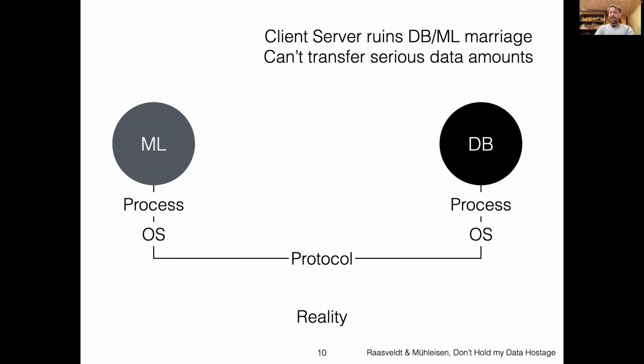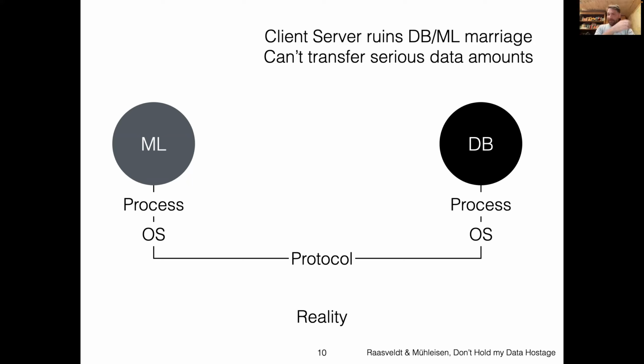We wrote a paper about this some years back, that these database protocols are really, really bad. They're so bad that you'd be better off in many cases just writing to a CSV file, copying the CSV file over the socket with something like SCP, and then on the other side reading the CSV file again. That really cannot be the answer.